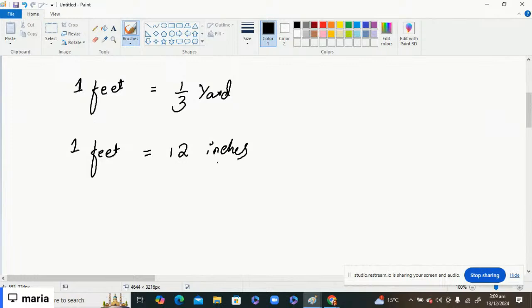And 1 foot is equal to how many yards? 1 foot is equal to 1/3 yard. When you divide it, the answer you get is 0.33 yard. This is the thing that you need to understand. 1 foot is equal to 0.33 yard. 1 foot is equal to 12 inches.